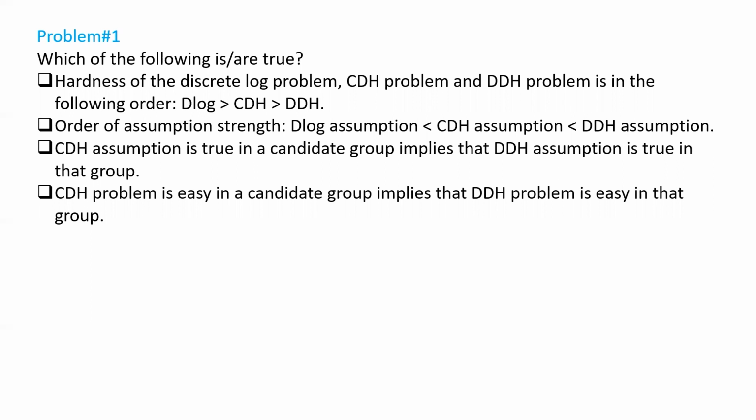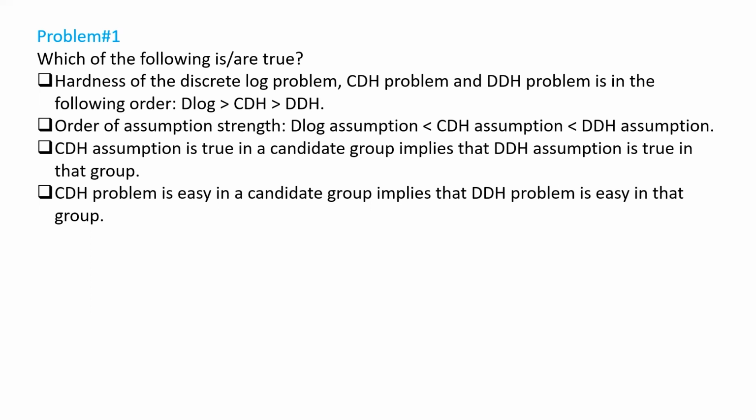So that means that the discrete log problem could be harder than solving the CDH problem. Okay. And similarly, once the CDH problem is solved, what is the DDH problem?